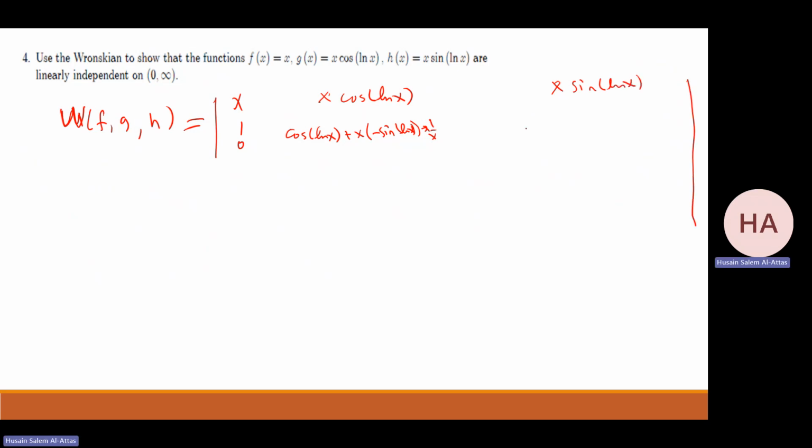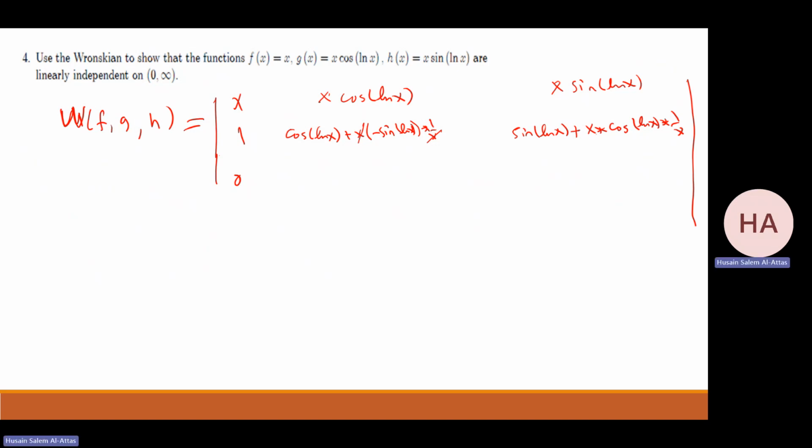That gives me sine ln x plus x times cosine ln x times 1 over x. Okay. This is 1. No, the last row is 0. This is cancelled, x with x cancelled. So now I have cosine ln x minus sine ln x.